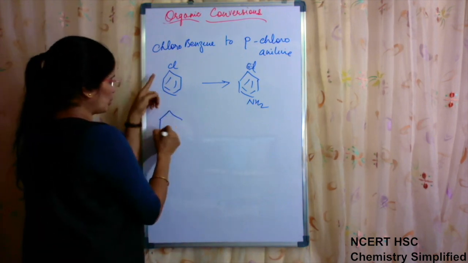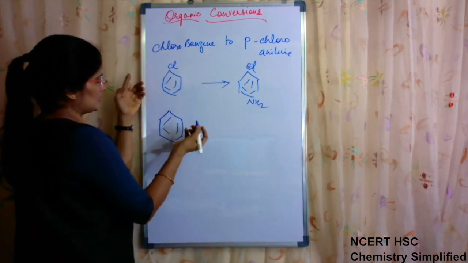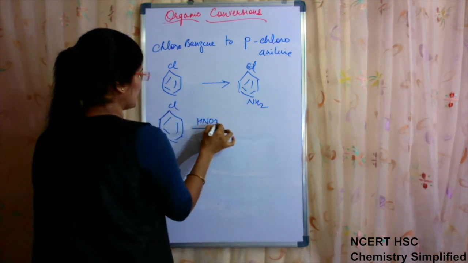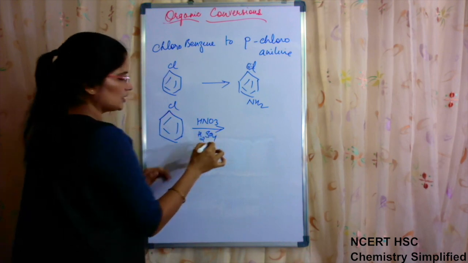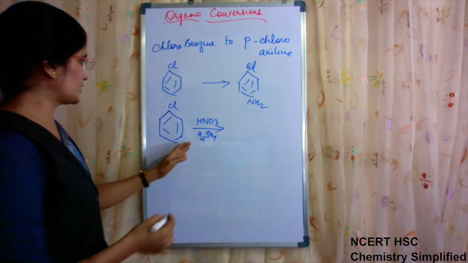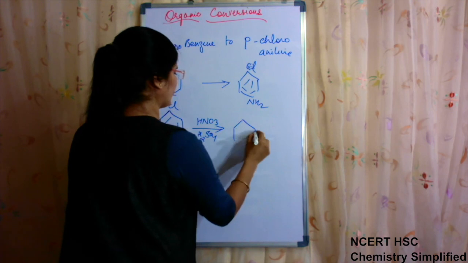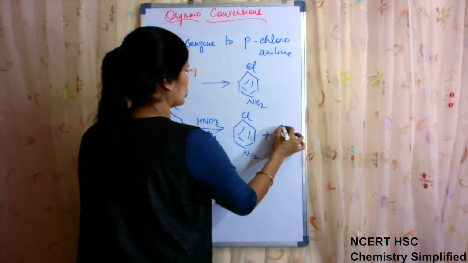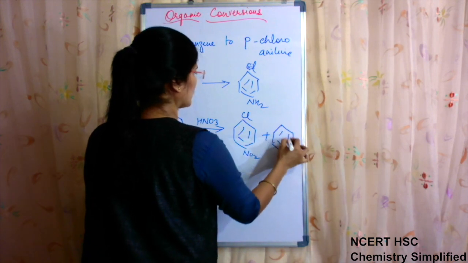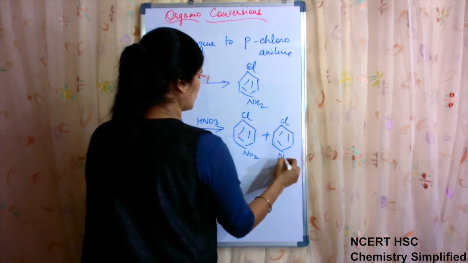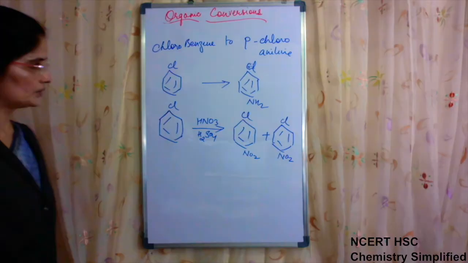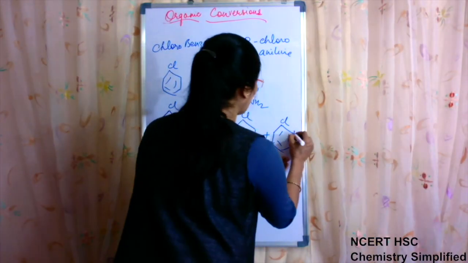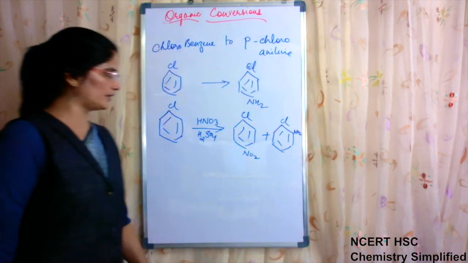Okay, now we know that chloro group is ortho and para directing. So what we will do is that we will do nitration of this, HNO3 in presence of H2SO4. Again electrophilic substitution reaction. So it will convert into ortho and para nitroarene. Okay, so ortho and para nitroarene.